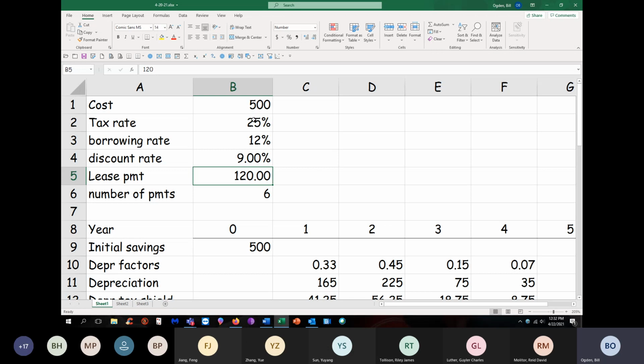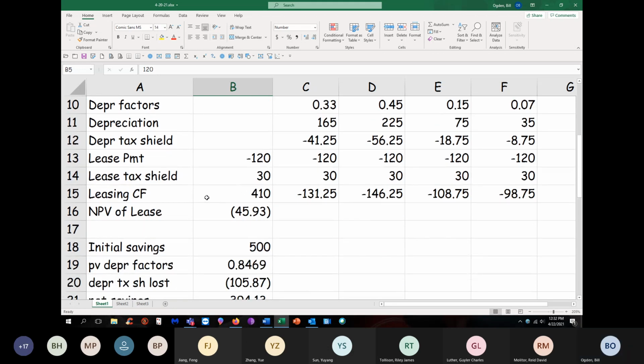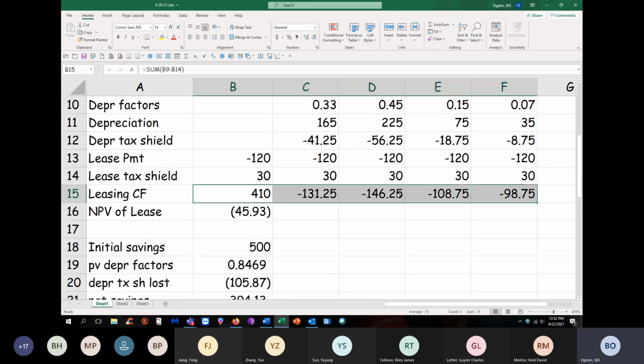On Tuesday, we evaluated a lease from the perspective of the lessee first, and then the lessor. We first started out working through the cash flows for each of the 5 periods of the lease, and we found the NPV of the lease to be negative 45.93.